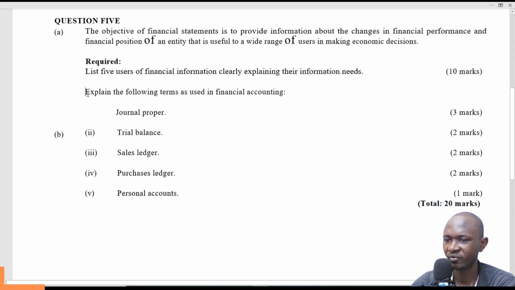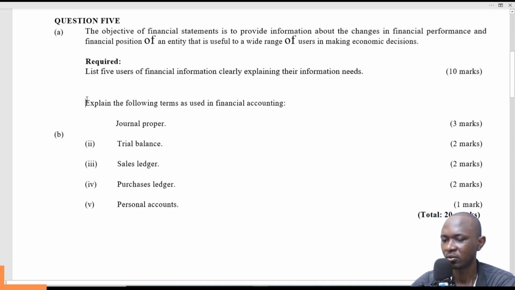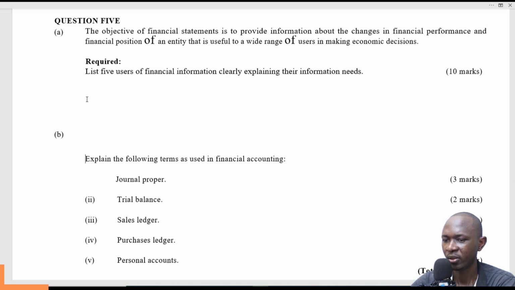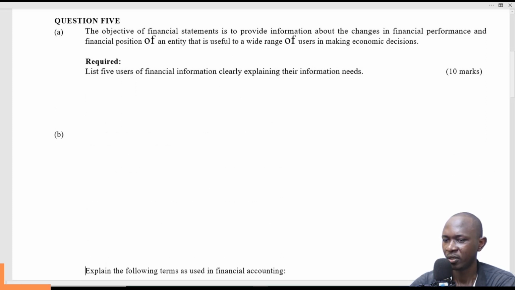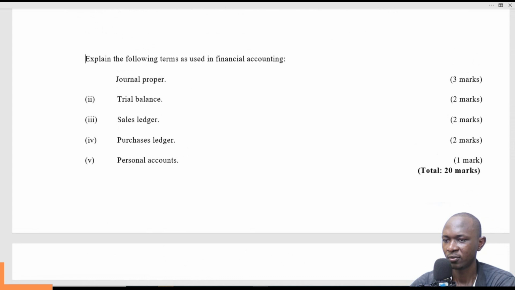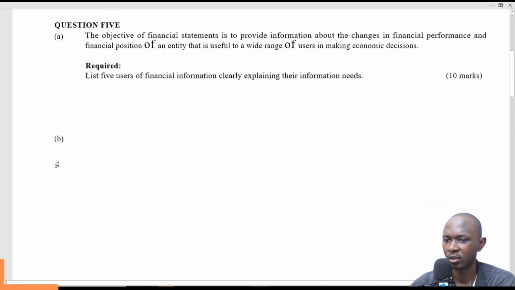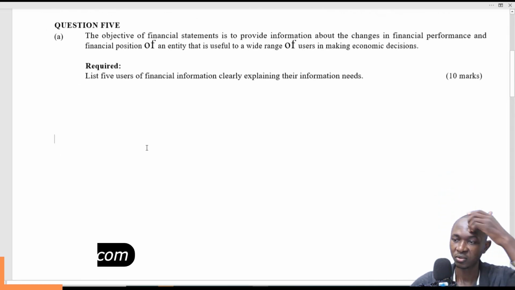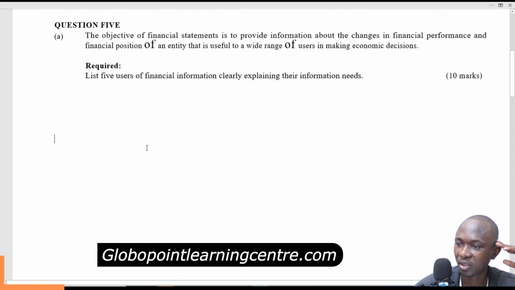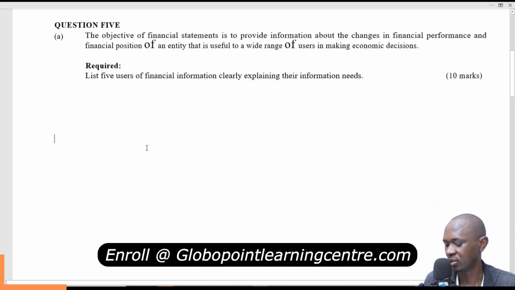Instead, I'll be very fast so that we can do some other things. Okay, list 5 users of financial information, clearly explaining their needs.